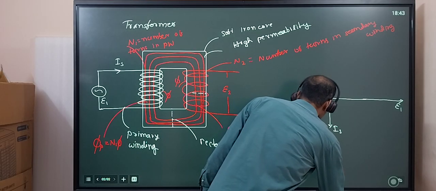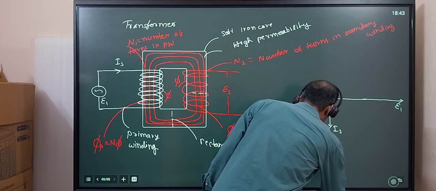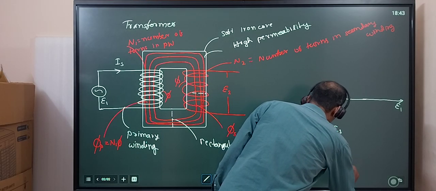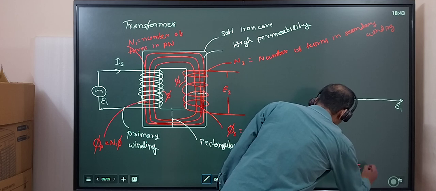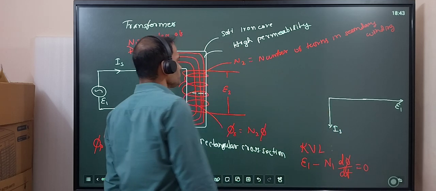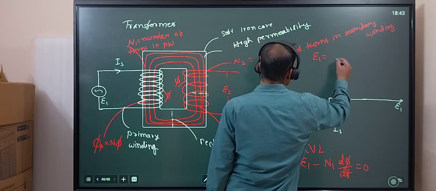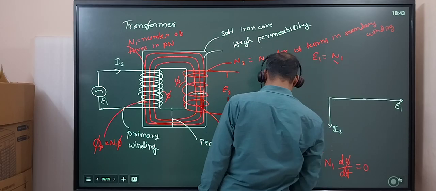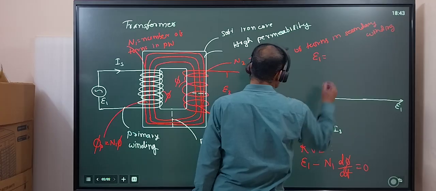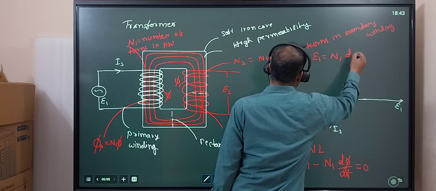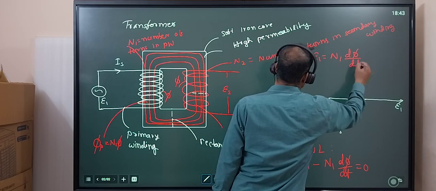So it will be E1 minus N1 d phi by dt equals 0. So what you got for E1 is N1 d phi by dt.